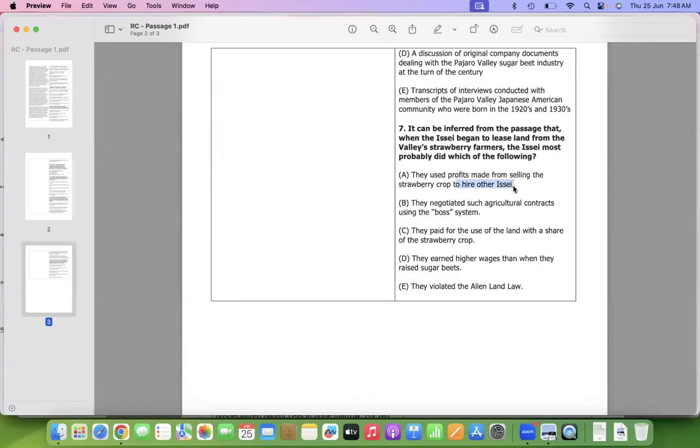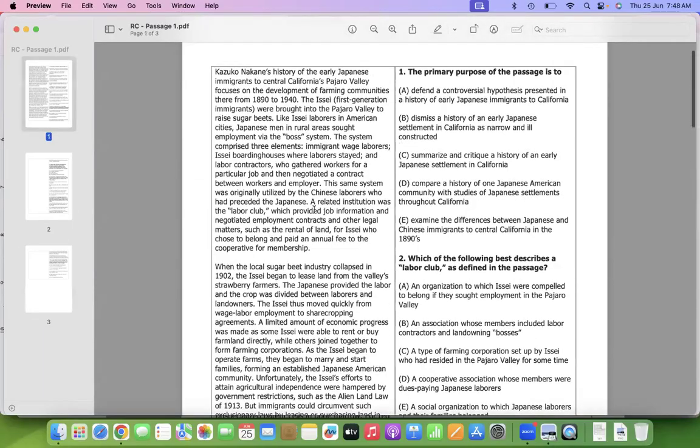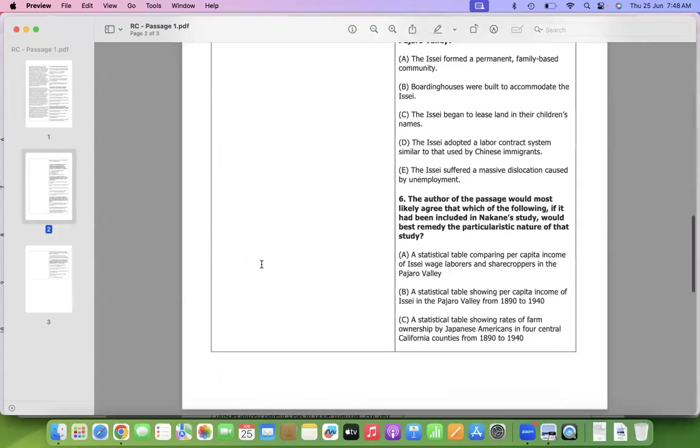We have no information. The boss system is in the previous paragraph over here, and it is related to wage labor. There's an employee-employer relationship here. They have moved from wage labor to sharecropping. So this is not related to the boss system.